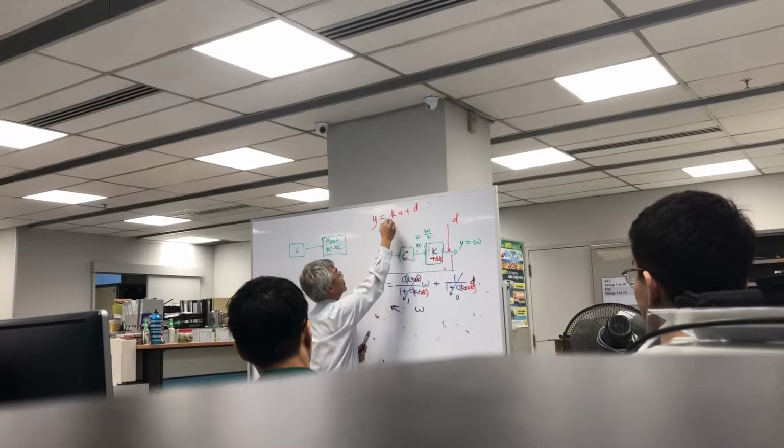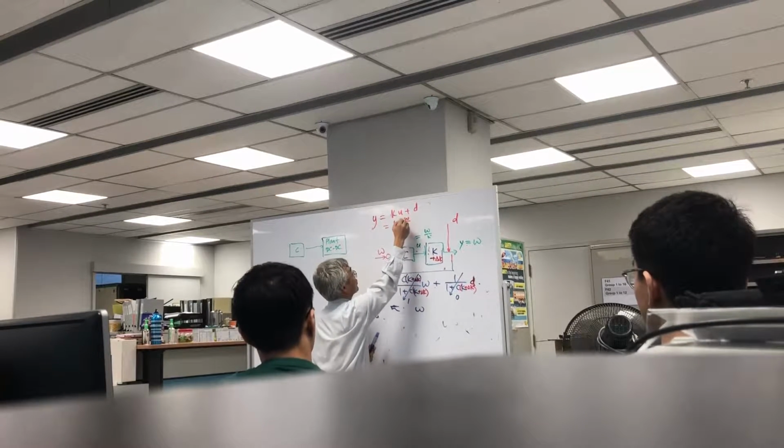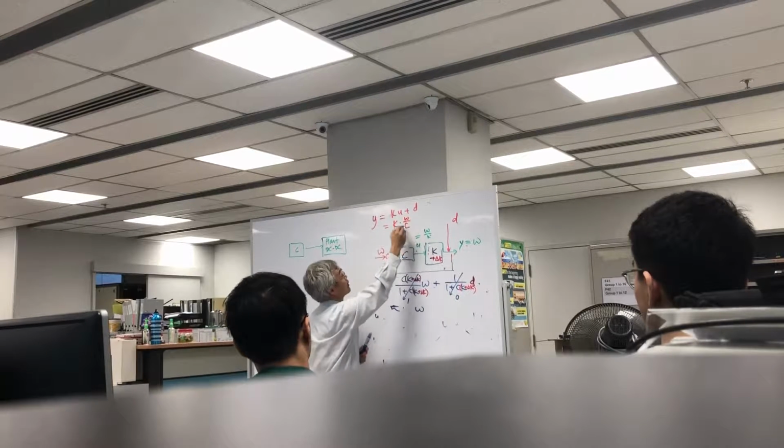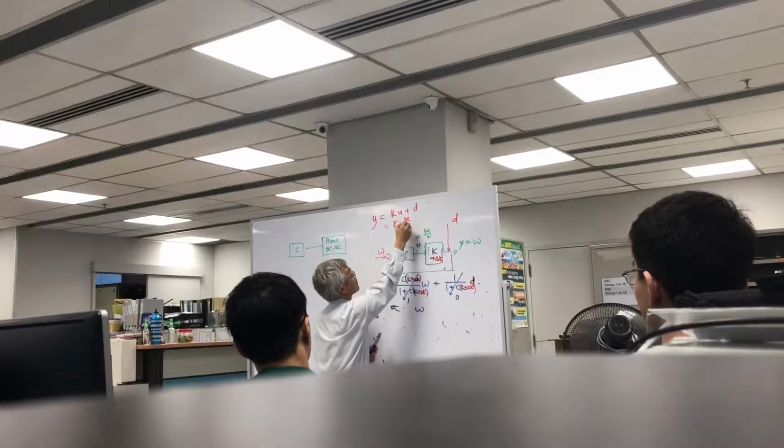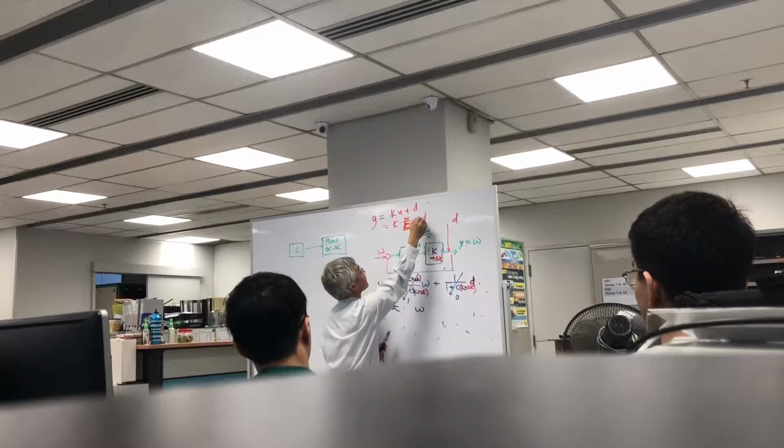And then you choose u equal to w over c times k. I mean, you can choose c.